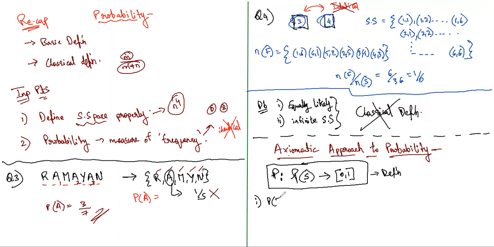Both are simple. The 3 axioms are as follows. First axiom: probability of any event is always non-negative. Second axiom: probability of sample space is 1. Third one is a little important.